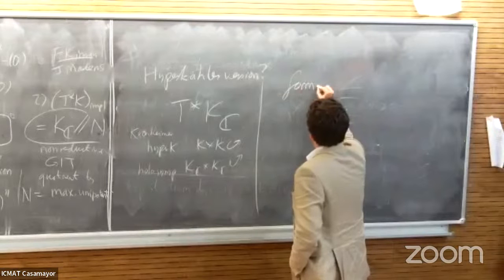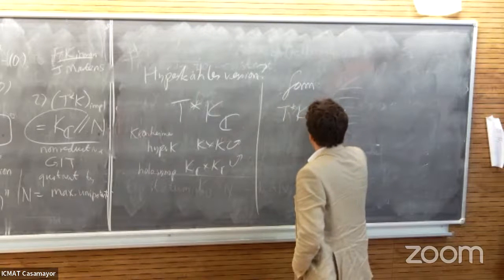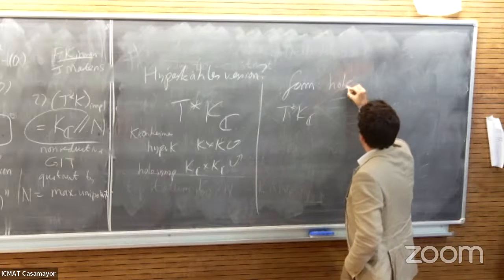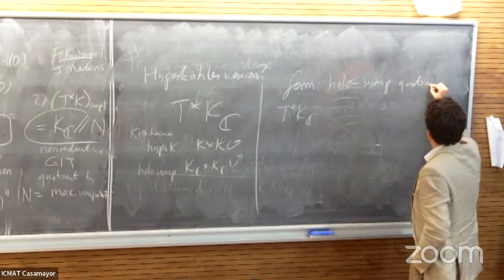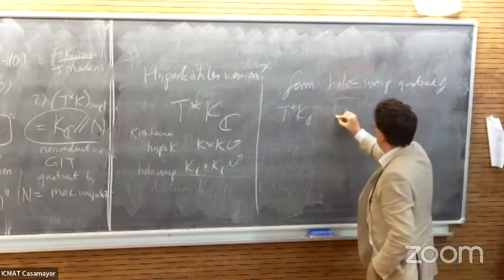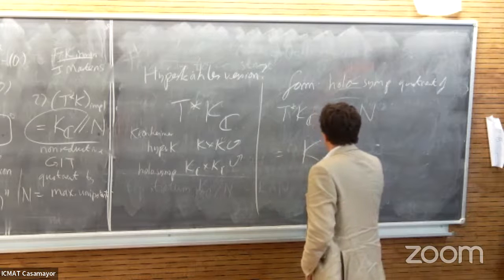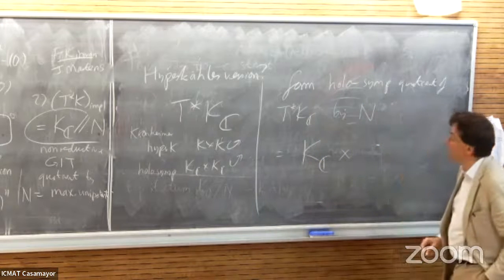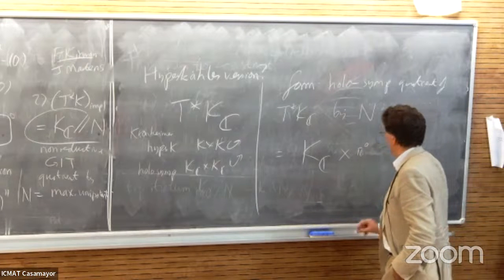So provisionally, we will form the holomorphic symplectic quotient of this by n in the GIT sense. So, well, the moment map is basically projection onto the dual of the Lie algebra factor.